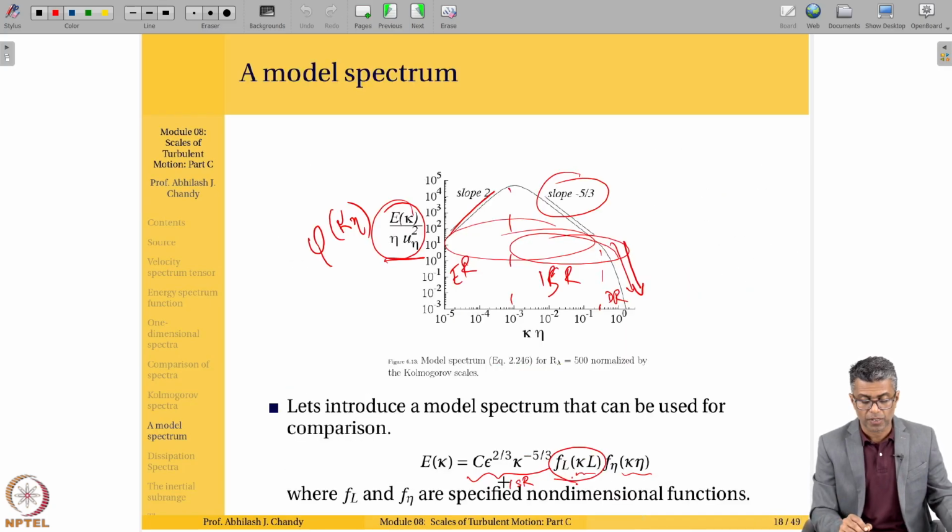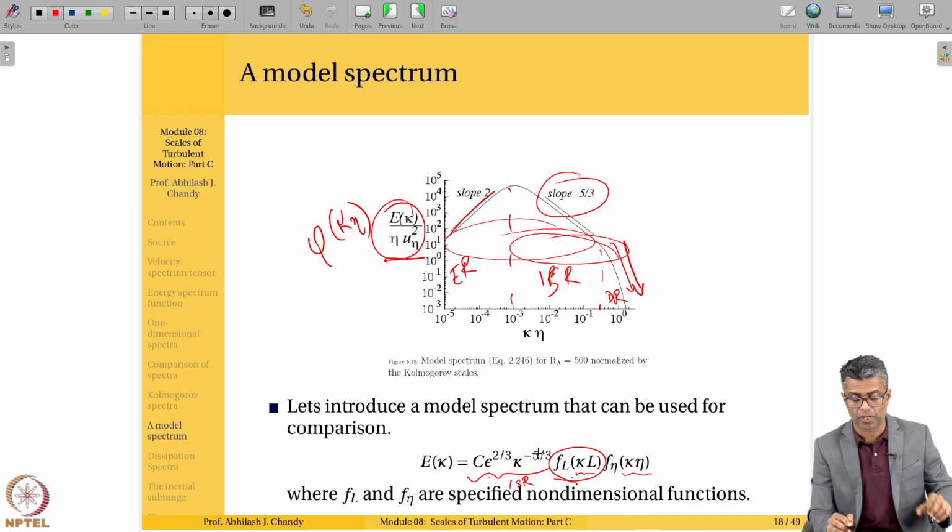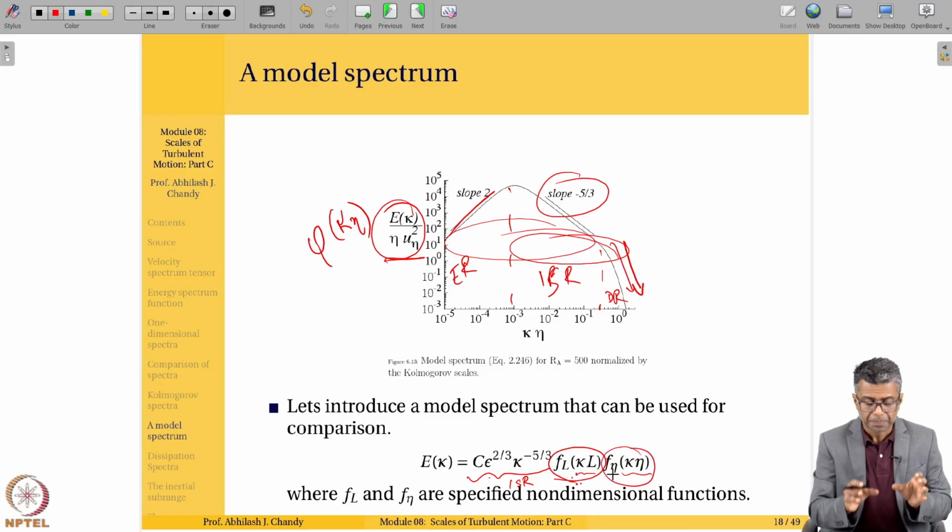If you remember, this is your model spectrum shown here. This here, epsilon to the 2/3 kappa to the minus 5/3, is for the inertial subrange. This is for the energy containing range, and this is for the dissipation range. So you have three functions for three different ranges in your energy spectra. That's essentially what you're doing, isn't it?